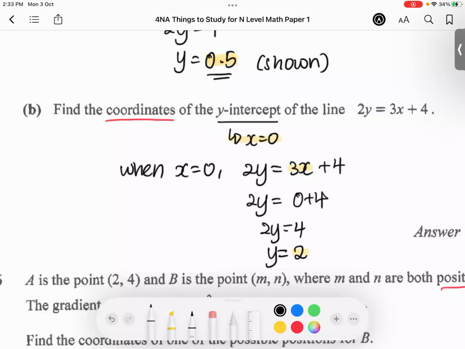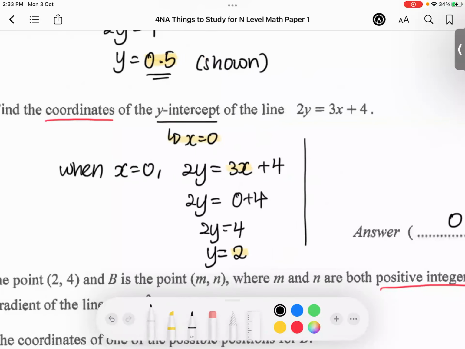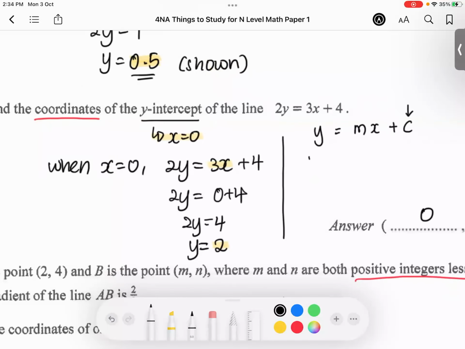This is one method. Alternatively, there is another method where you use the equation y equals to mx plus c. A general equation for a straight line is y equals to mx plus c, and we know that c is the y-intercept. But now this equation is 2y equals to 3x plus 4.